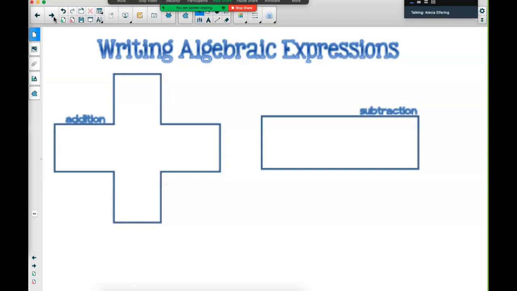So we have to come up with some words or phrases that represent addition. How do we say addition if we're speaking? I'll give you one. We could say plus. What's another way we can say addition?